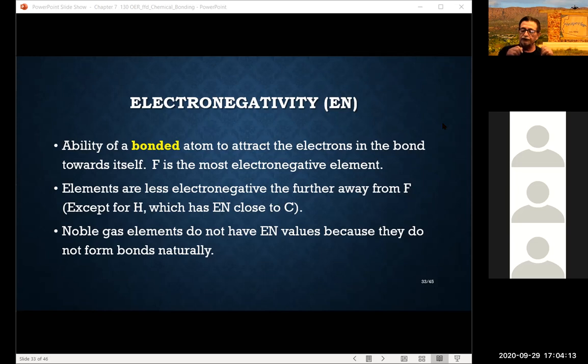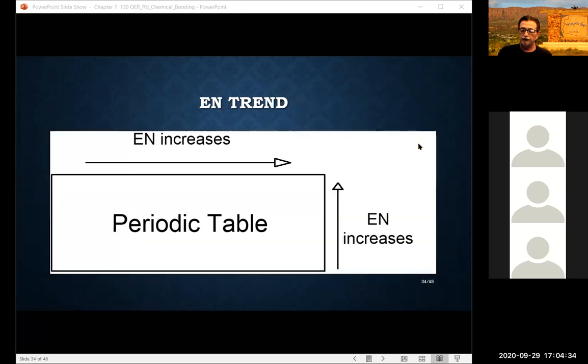So if we're comparing the electronegativity of, say, 2 different atoms, like carbon and nitrogen, we find their position on the periodic table relative to fluorine. The one that's closer to fluorine is the most electronegative. That means for that bond, it's going to pull the electron density toward the most electronegative atom in that bond.